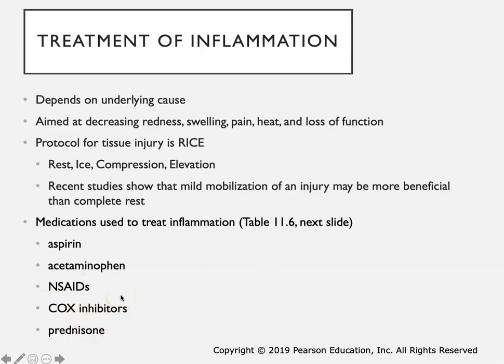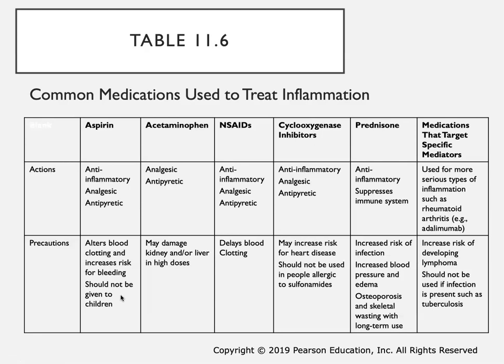Okay, so let's look at these in a little more detail on this slide. So again, here are COX inhibitors, right? NSAIDs, acetaminophen, aspirin, and prednisone. In terms of actions, right, for each one of them. Okay. Says here too, medications that target specific mediators. That wasn't listed on my last slide.